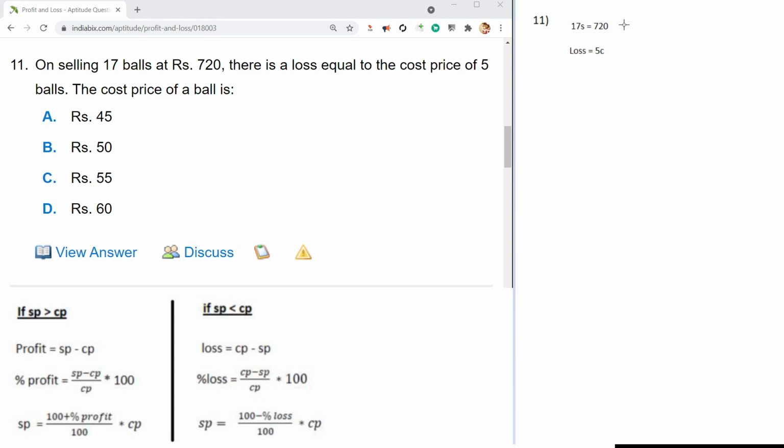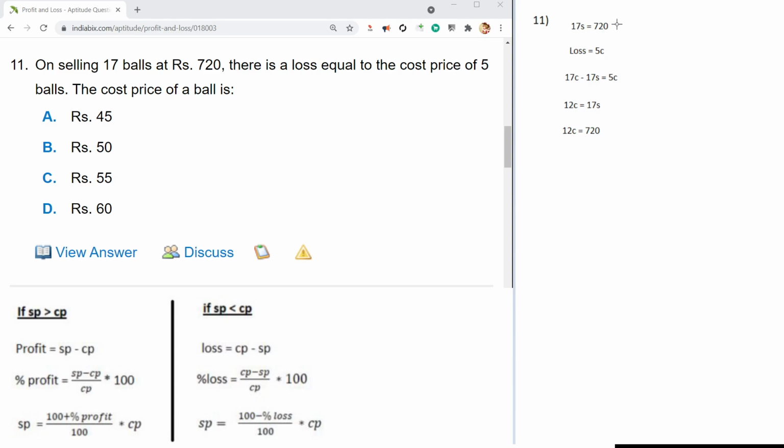Loss formula is CP minus SP. What is the cost price for the 17 balls? 17C, and the selling price of the 17 balls is 17S. So 17C minus 17S equals 5C. If you simplify that, 12C equals 17S.